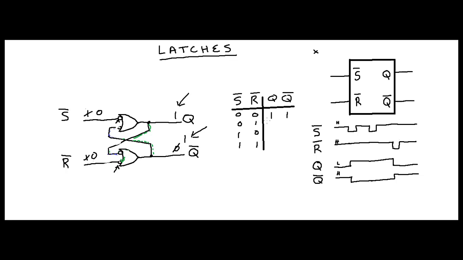So Q and Q bar are both going to be 1. Well, this is set, so Q is going to be 1, Q bar is going to be 0. This is reset, it's just the opposite. And when they're both on, this is the no change state. So it's going to keep the value it had. All right?